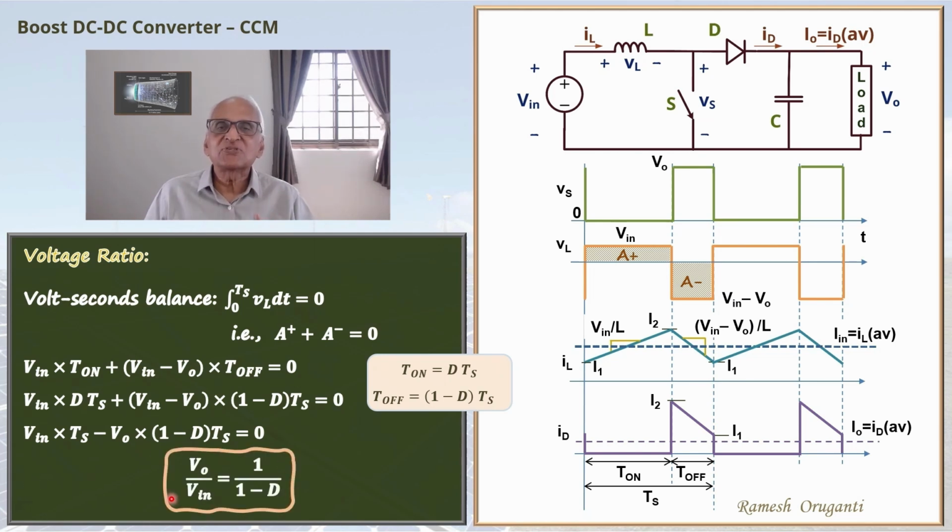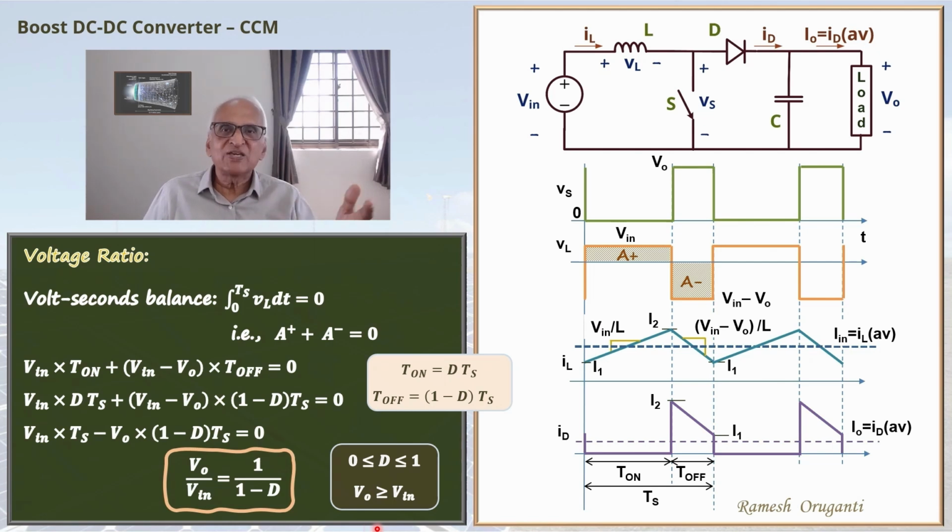So this gives the equation for the voltage gain or the voltage ratio of the boost converter. The duty cycle range will be between 0 and 1. When d is 0, V naught by Vin equals 1. As d increases, V naught by Vin will increase.